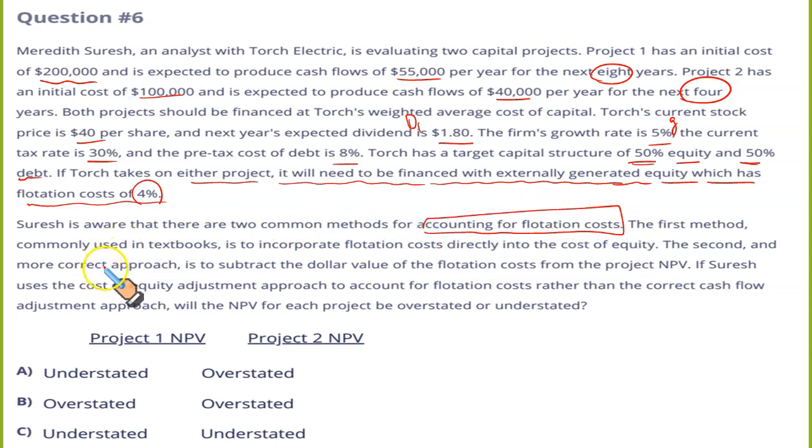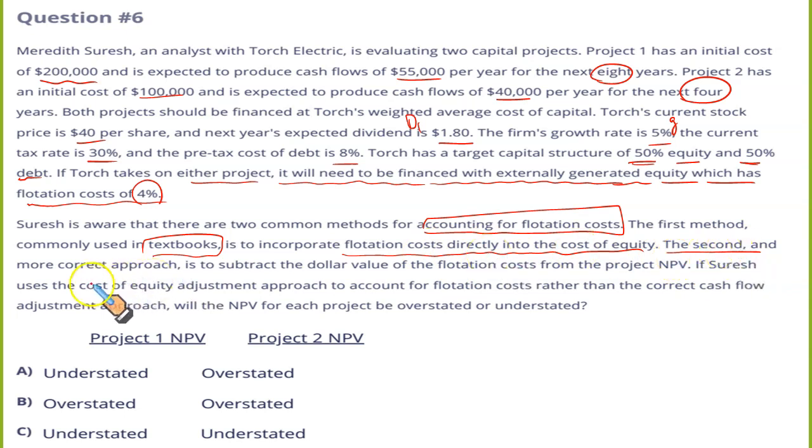The first method, commonly used in textbooks and in your CMA as well, is to incorporate the flotation cost directly into the cost of equity, cost of debt, cost of preferred stock. We've done it in your Section B, Corporate Finance, CMA Part 1, Part 2. The second approach, which you haven't studied in your CMA, is more accurate.